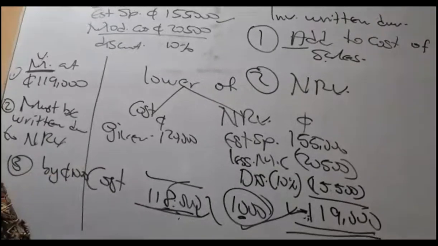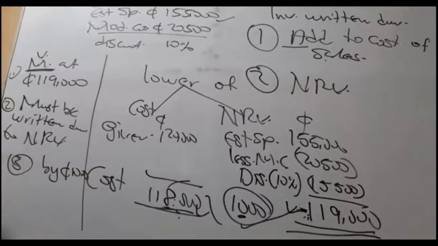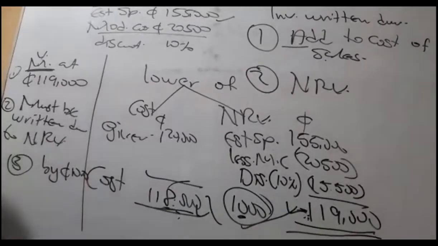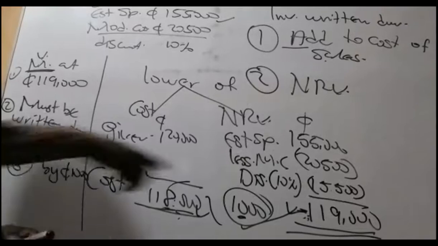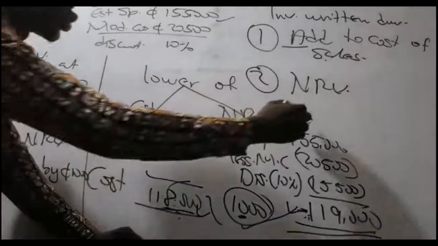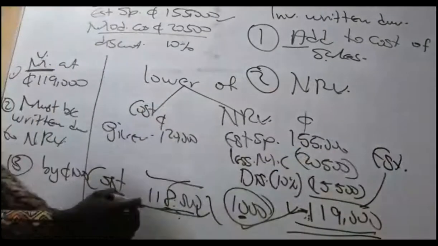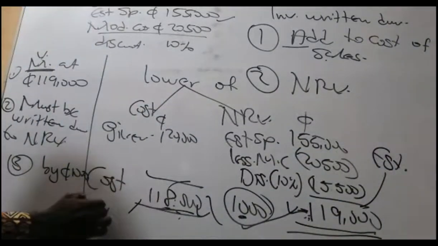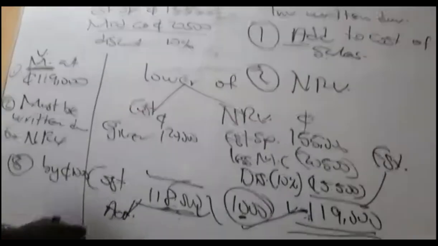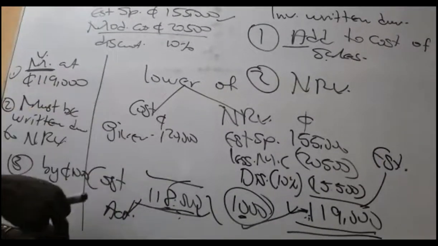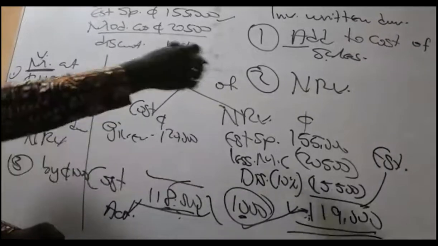And then I'll do nothing, no adjustment, because the cost has been recorded in the books already. NRV is an estimate, not actual. We record actual, don't record estimate. So these ones are yet to be recorded.